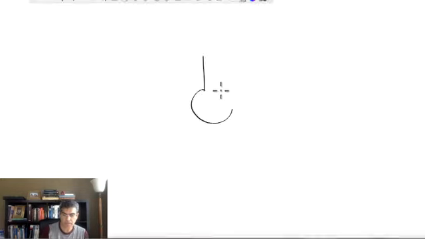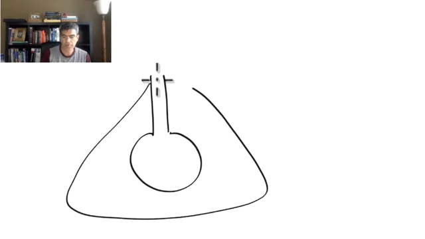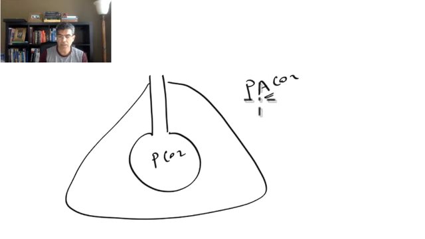Let's say this is one alveolus, and the whole thing is the lung, right? The pressure of CO2 inside the alveolus is shown as P capital A CO2. This A means alveolus. The pressure of CO2 inside the artery is shown as P lowercase a CO2. So when you see uppercase A, we are talking about the alveolus. When you see lowercase a, we are talking about the artery.